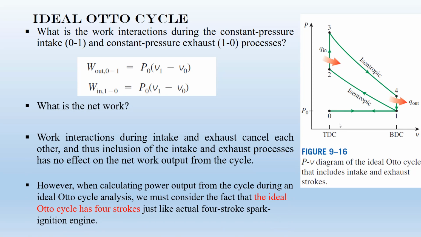The conclusion is that we can use the ideal Otto cycle with two isentropic processes and two constant volume processes, correct? This is actually the two-stroke, but we can assume that this is the four-stroke, and then we can use it as a model for actual Otto cycles. So we solve the problem by adding these two steps.